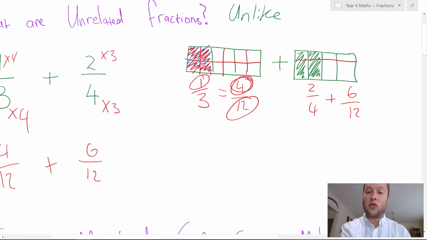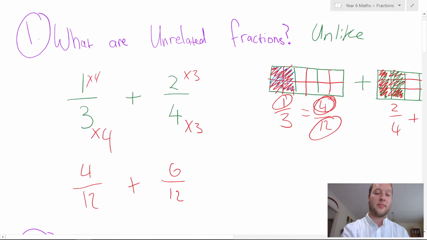So instead of 2 out of 4, I've now got 1, 2, 3, 4, 5, 6 rectangles colored in out of 12, and it's the same as the 2 out of 4. So the green and the red are identical. If it was a chocolate bar, I'm either getting 6 little pieces of chocolate or 2 big strips. They're worth the same amount of chocolate. We call that equivalent fractions.